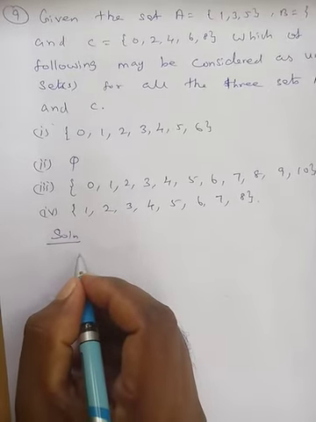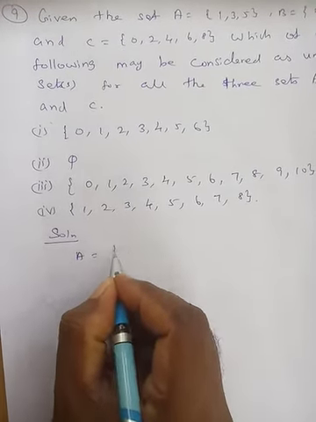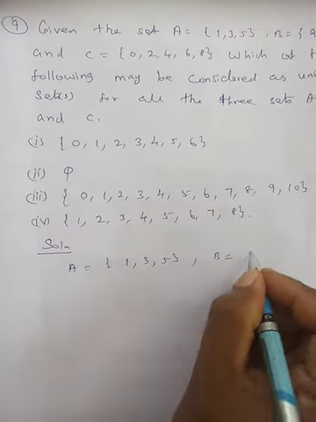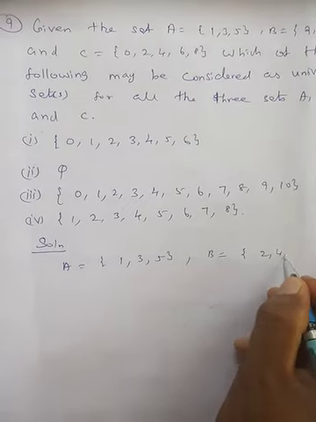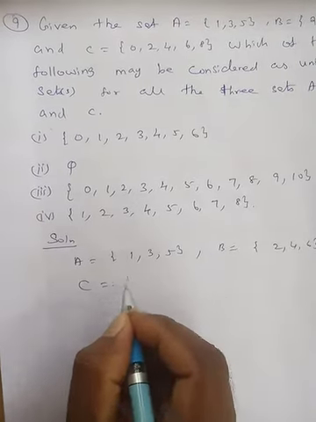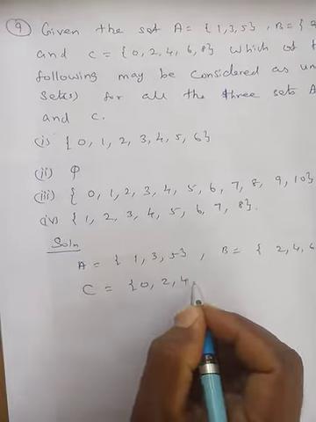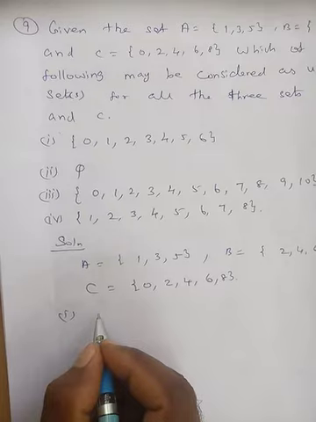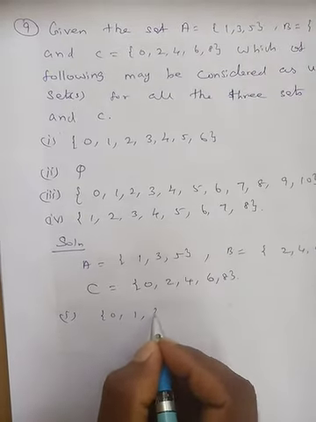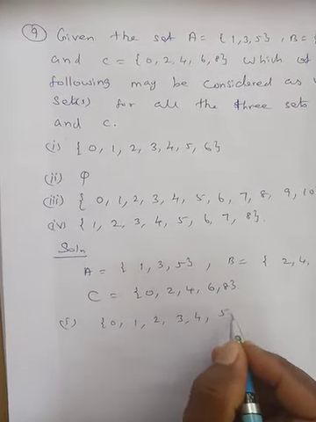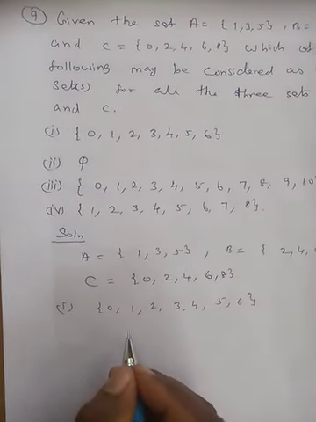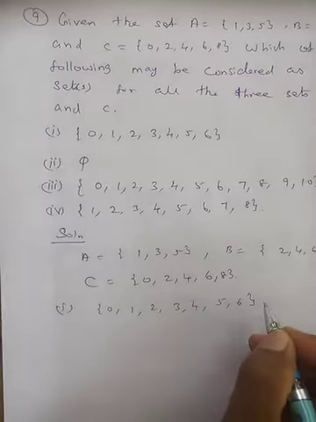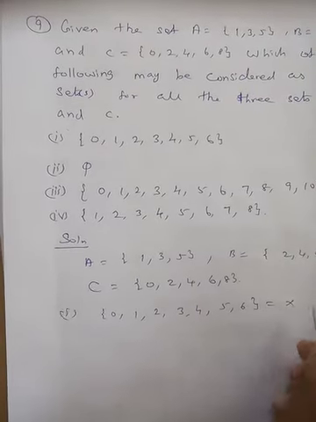First, the given sets: set A equal to 1, 3, 5, set B equal to 2, 4, 6 and set C equal to 0, 2, 4, 6, 8. First one, the set 0, 1, 2, 3, 4, 5, 6. This set contains these elements. Now this is considered as set X, say.